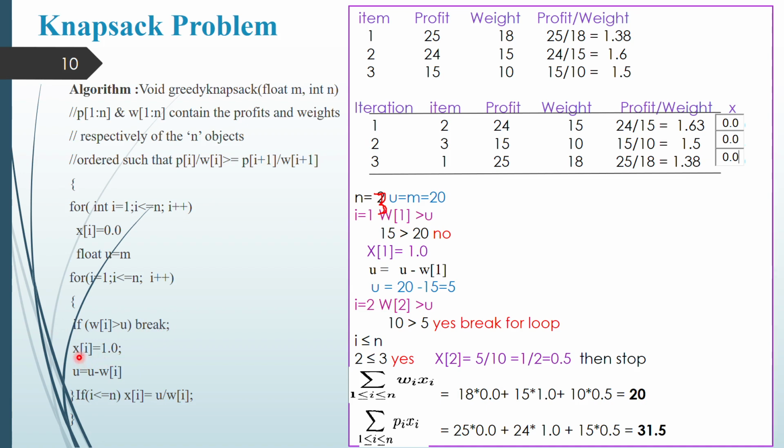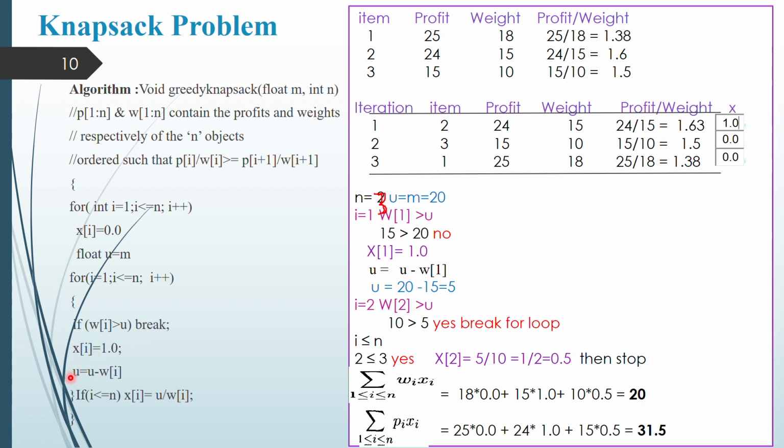What is this statement? X of I. I value is 1, so X of 1 equal to 1.0. Earlier it was 0. Now I am changing it to 1.0 here. The meaning of this is X of 1 is 1.0 here.